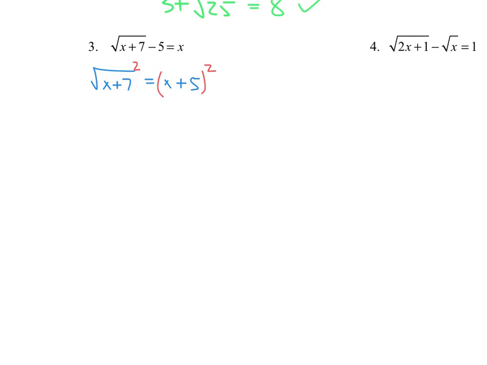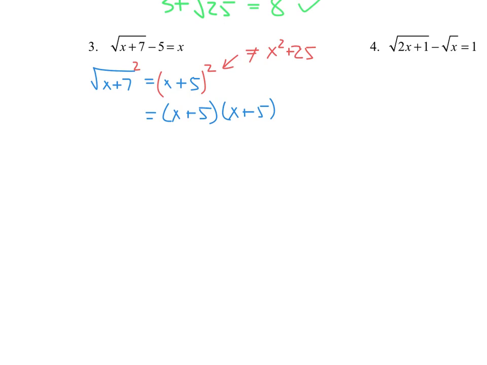Remember, we can't just square the x and square the 5. This does not equal x squared plus 25. We have to write x plus 5 times itself and FOIL or multiply those binomials.